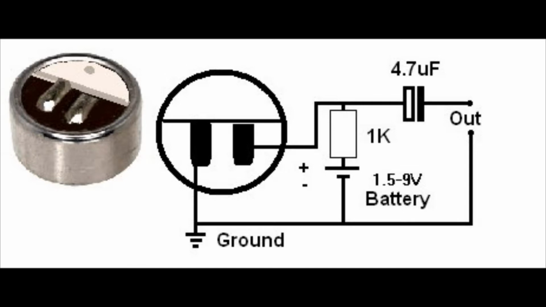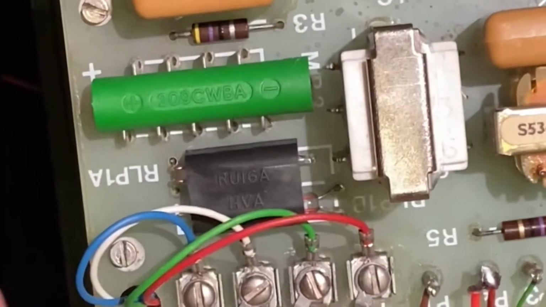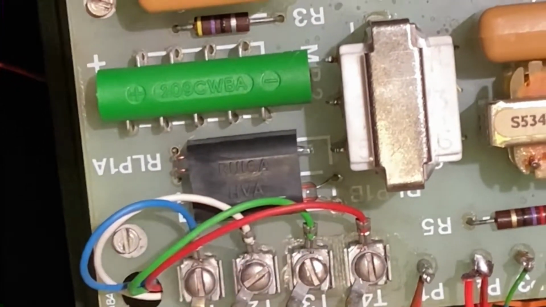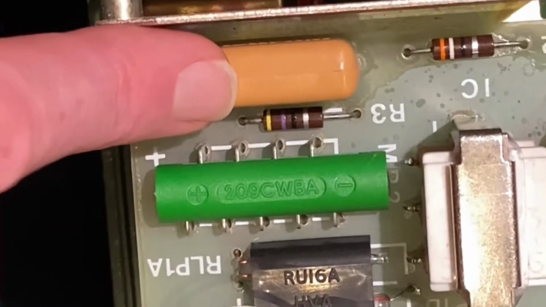But then the output of the microphone is on the same terminals, so we need to put a capacitor. It basically filters out any interference from the power and lets the sound flow through. That's how the capacitors work, and these are very similar to what we got here.